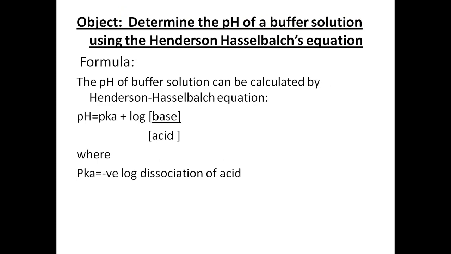So now we're going to perform a little exercise here. We're going to determine the pH of a buffer solution using the Henderson-Hasselbalch equation. The pH of a buffer solution can be calculated by pH is equal to pKa plus log base upon acid.